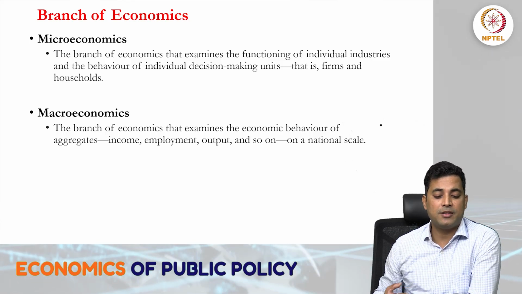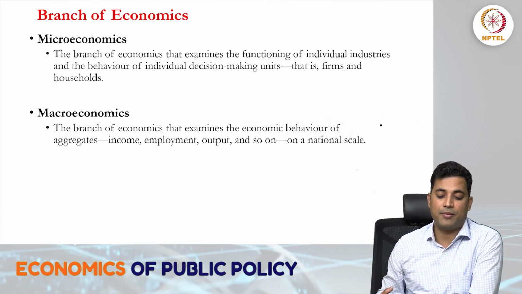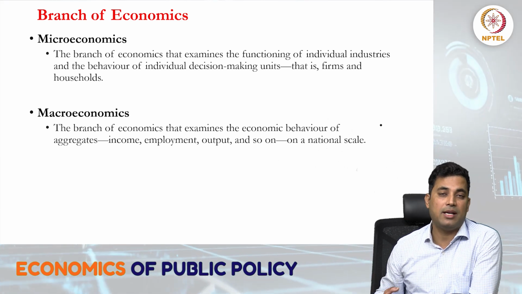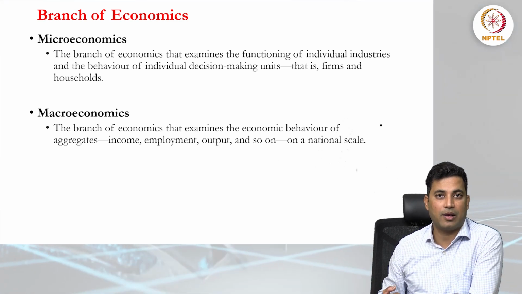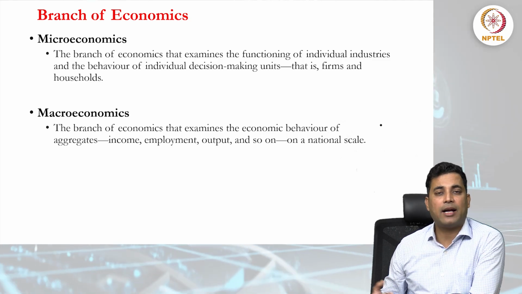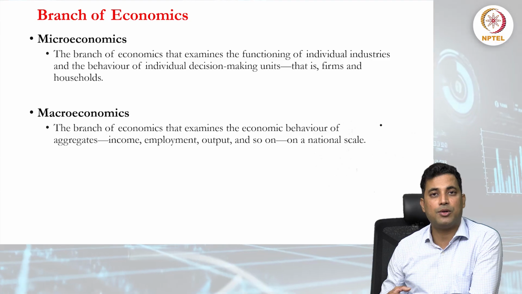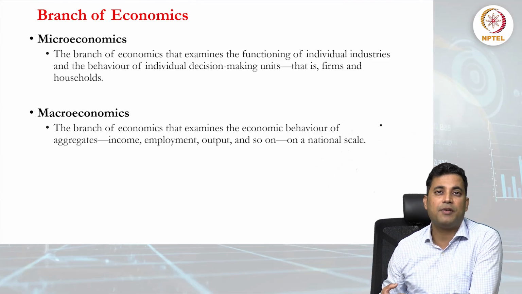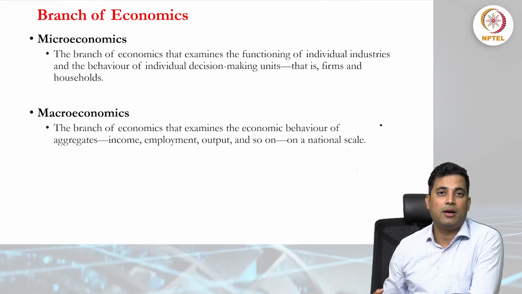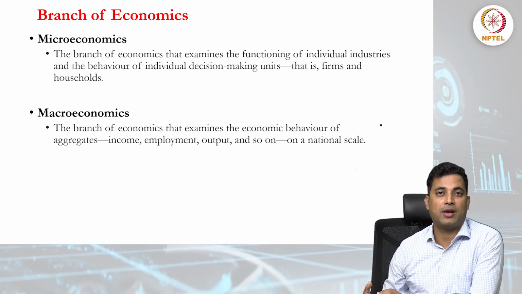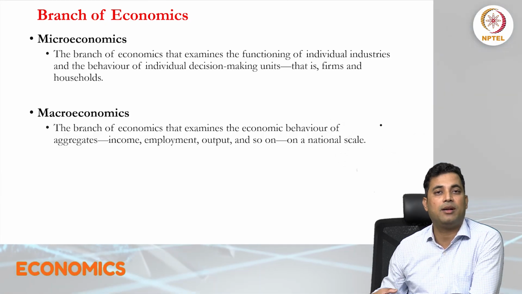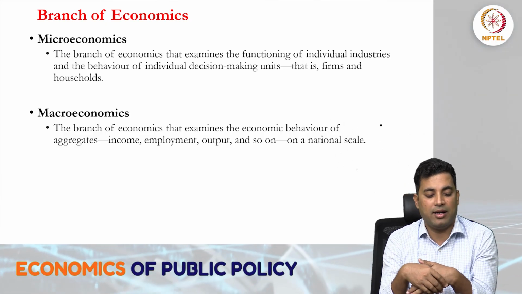One is micro, a branch of economics that examines the functioning of individual industries and individual behaviors in the decision-making process, which could be firms or households. Households and firms are the first basic units in the economy, where factors of production and factors of payments in return are exchanged.